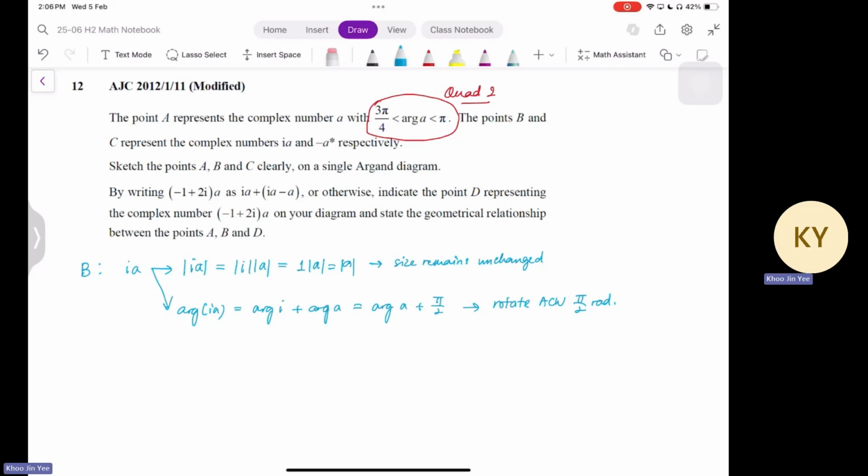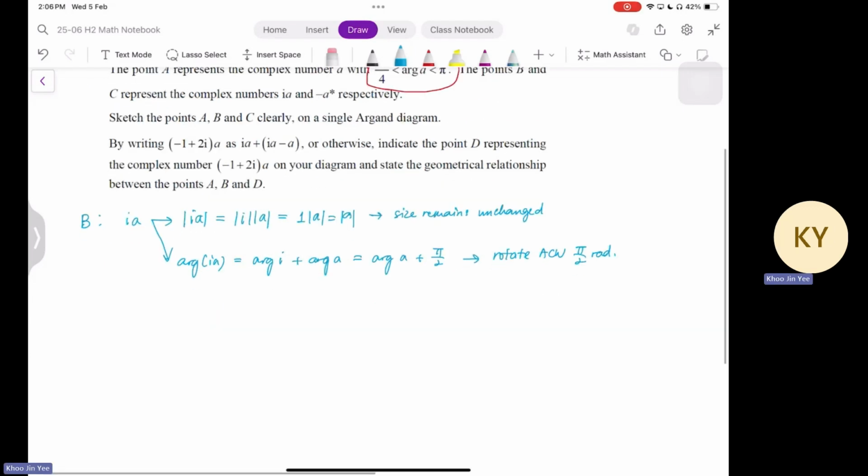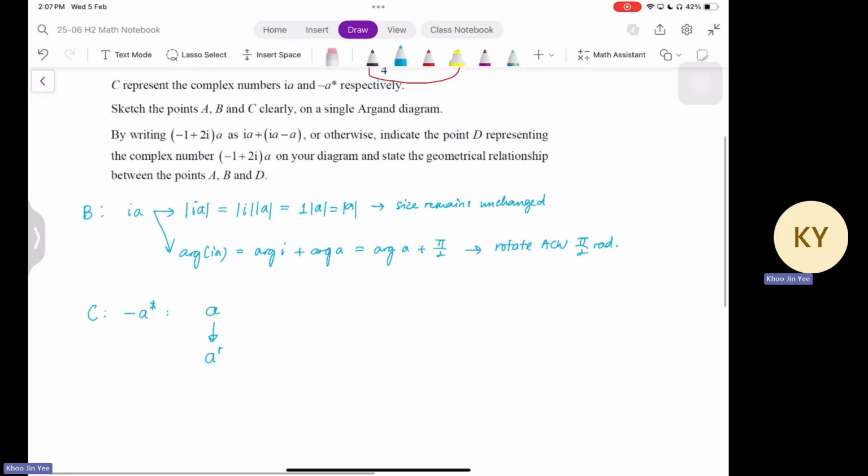Next, let's look at C. Let's start with A first. Whichever order doesn't matter because I think both of them are equivalent. So let's take A conjugate first. When we conjugate A, what is the effect? We rotate.